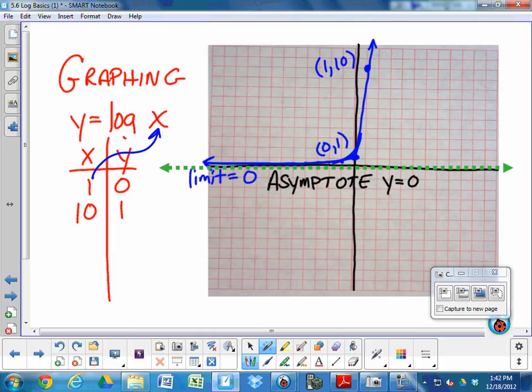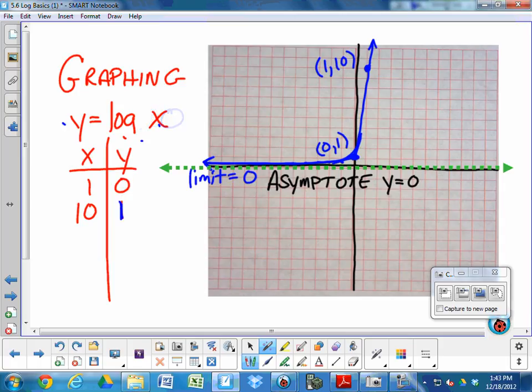When you put in 1, it's saying 10 to the what is 1? 0. If you put a 10 here, 10 to the what is 10? 1.